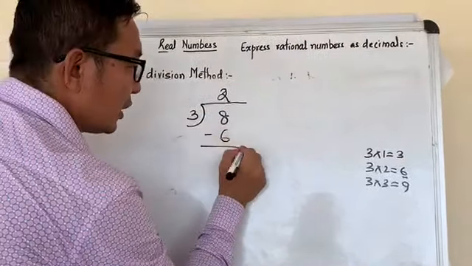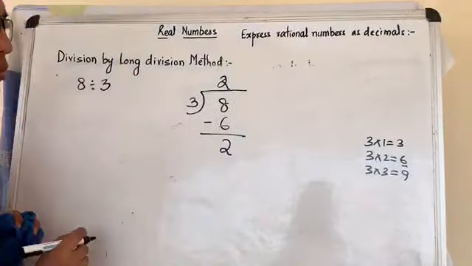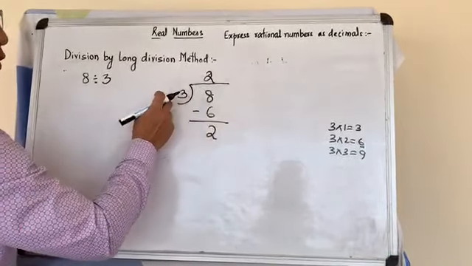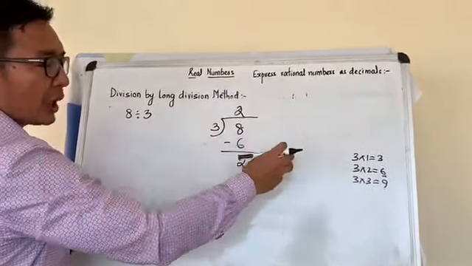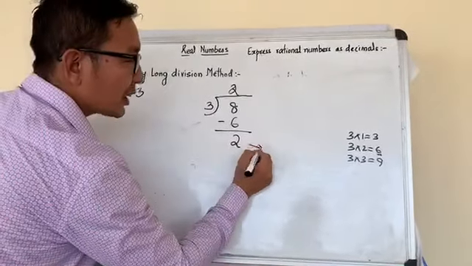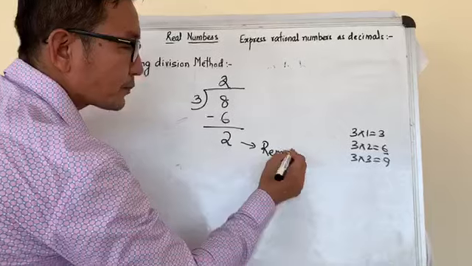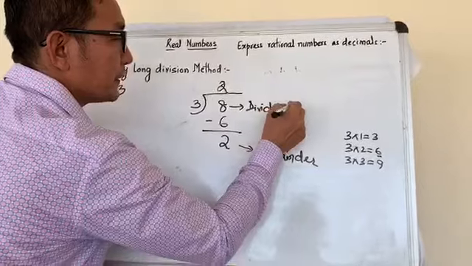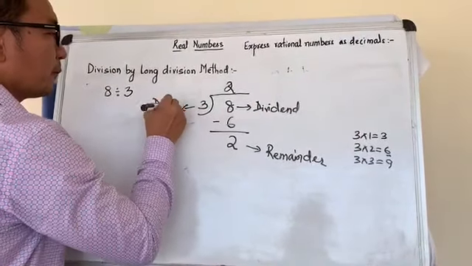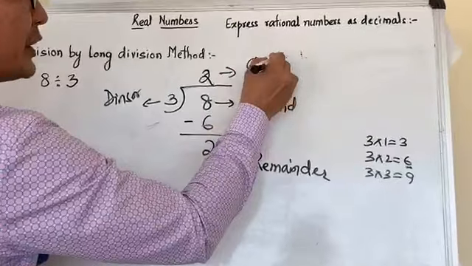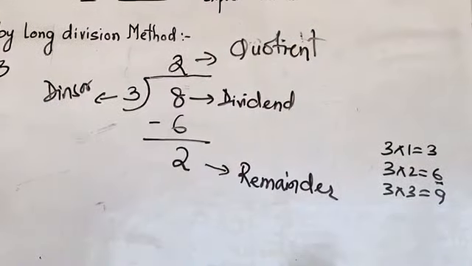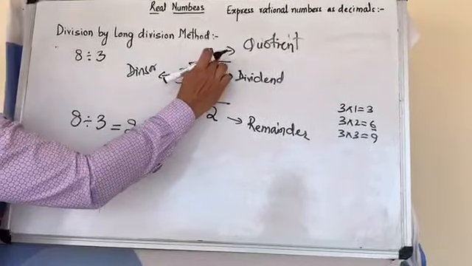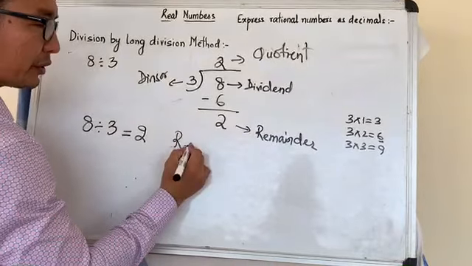Once again, the question: when 8 is divided by 3, the answer is 2 and the remainder is also 2.